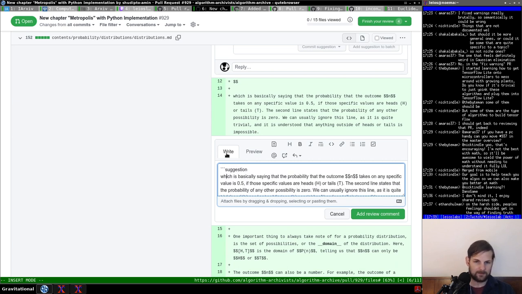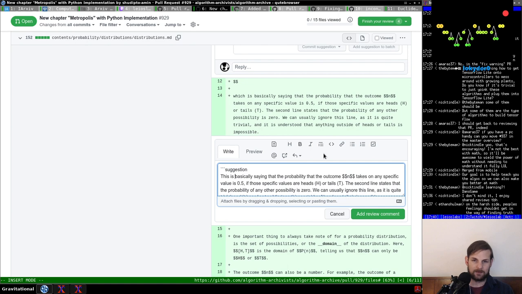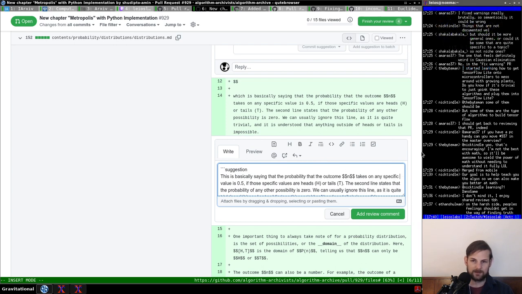Suggestion: this is saying that the probability that the outcome n takes on the specific value of either heads, h, or tails, t, is 0.5. I think that makes a bit more sense to me, at least.